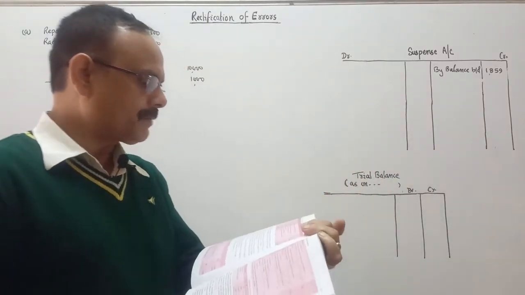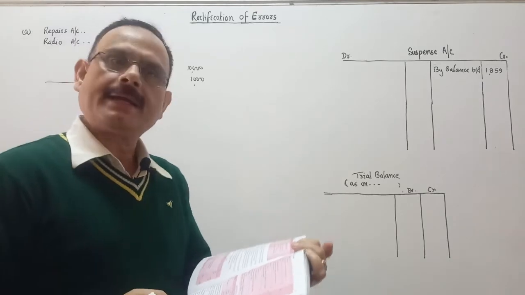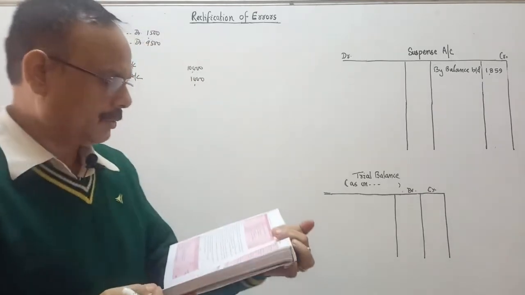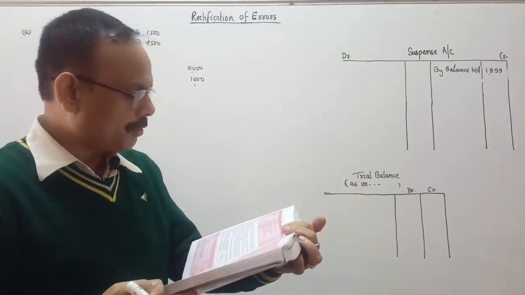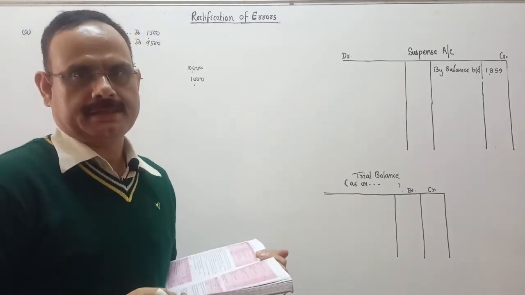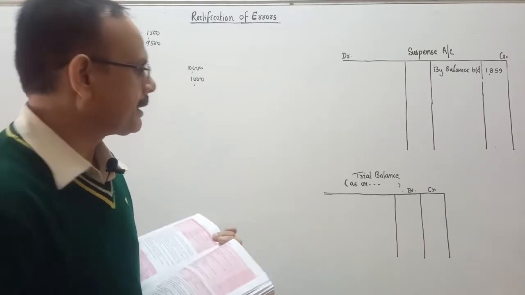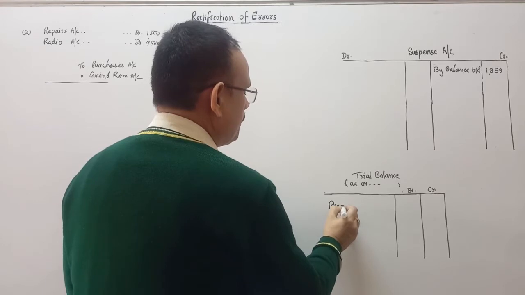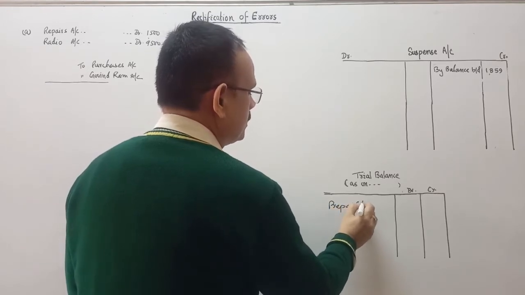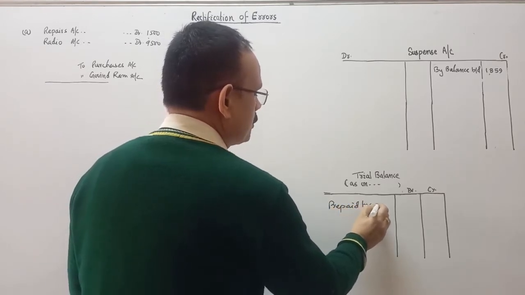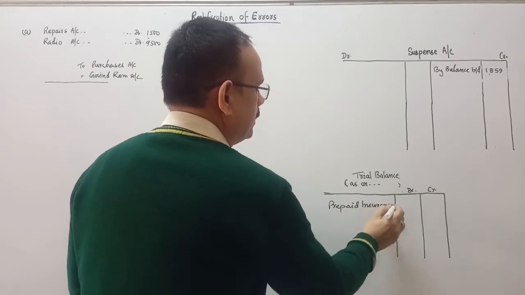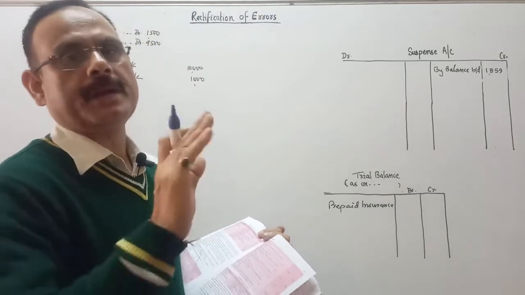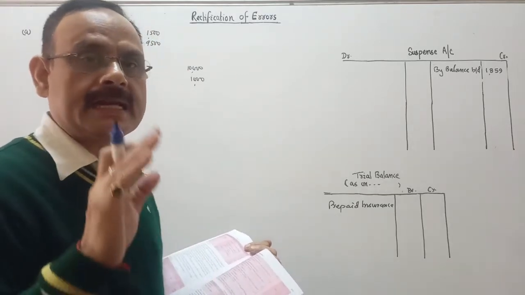Now come to the next error. An item of rupees 5,000 relating to prepaid insurance account was omitted to be brought forward from the previous year. Prepaid insurance, you see in the trial balance, has a debit balance, because prepaid insurance is an asset.